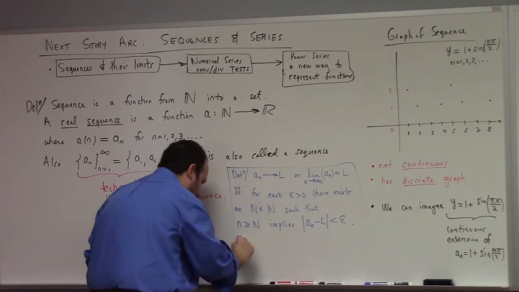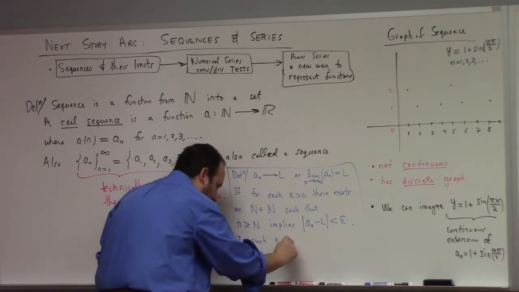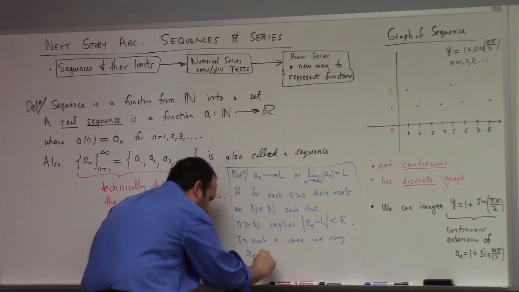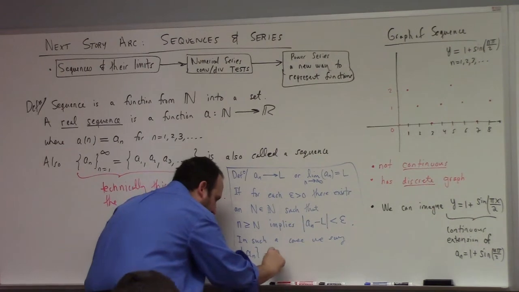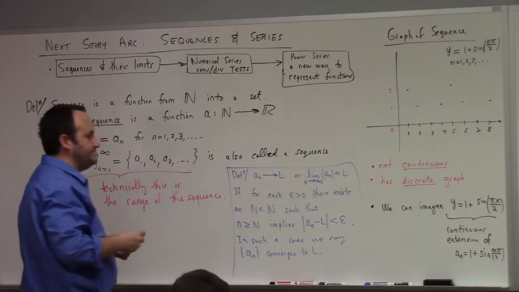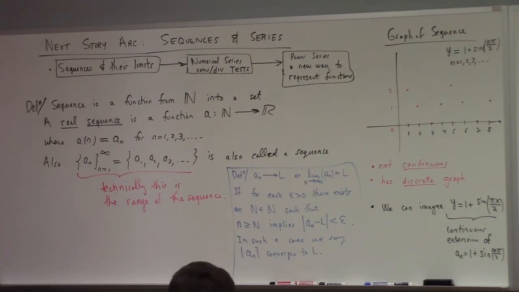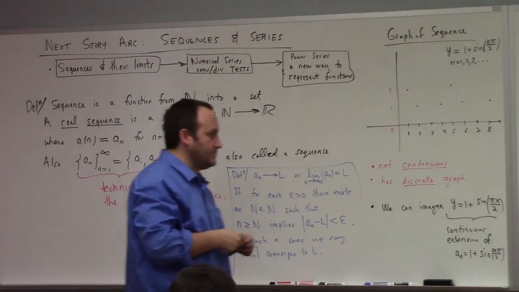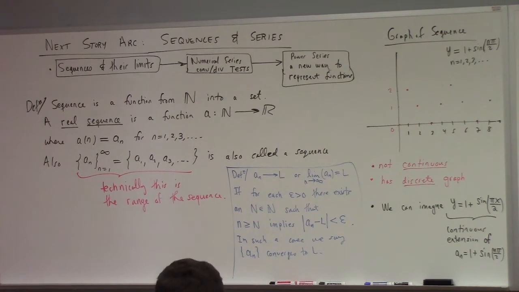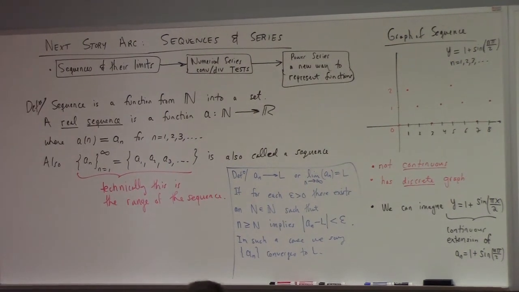In such a case, we say a sub n converges to L. What was the definition of the limit as x goes to infinity of f of x converging?